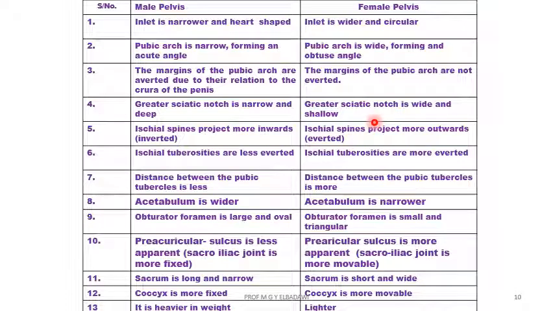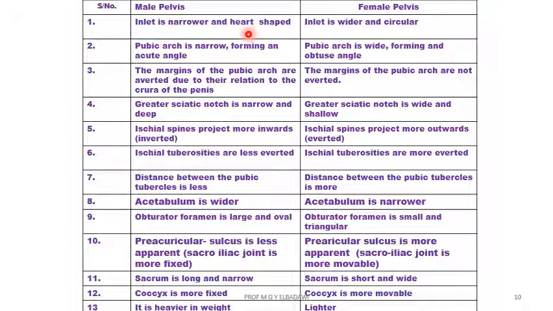But the main difference is the result of, imagine you have the pelvis stretched laterally to widen it to accommodate the fetus, and you compress it from above downward to make the birth canal as short as possible. All of these differences will arise because of this stretching and compression.